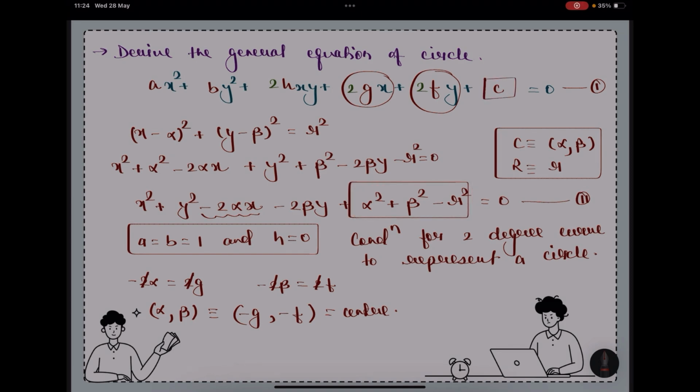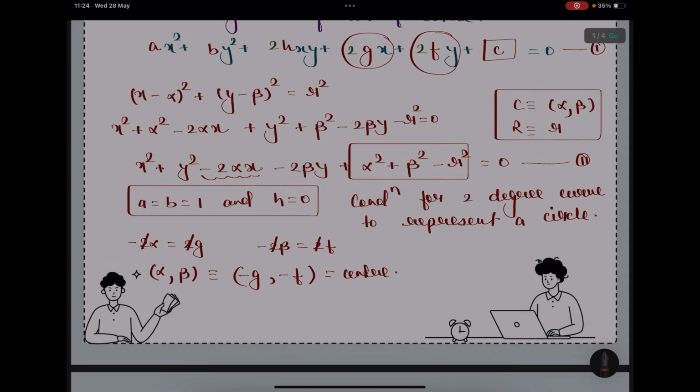Now for radius we will compare the constant. Here constant is c and here constant is alpha square plus beta square minus radius square. So you know that radius is r, so we can compare. Alpha square plus beta square minus r square is equal to c. So radius would be what? Radius square this side and then this c this side. So can I write alpha square plus beta square minus c, all under root?